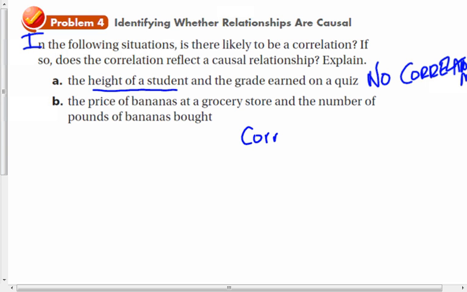So yes, we have a correlation between them. You tend to buy less pounds if the price is higher. Now, is there a causal relationship? In other words, does the price of bananas specifically cause you to buy more or less? And I would say yes, there is a causal relationship.